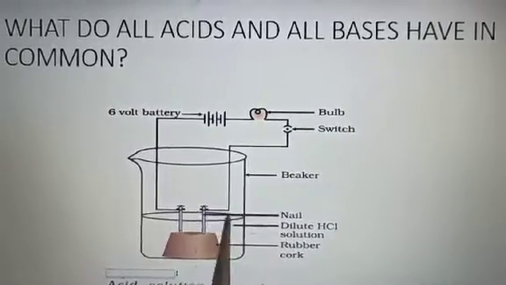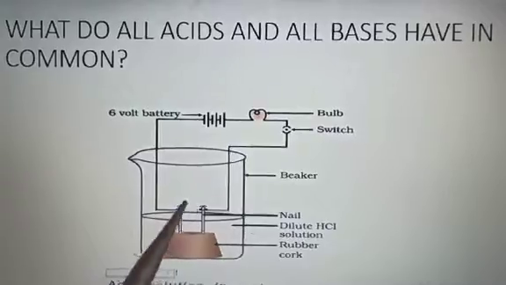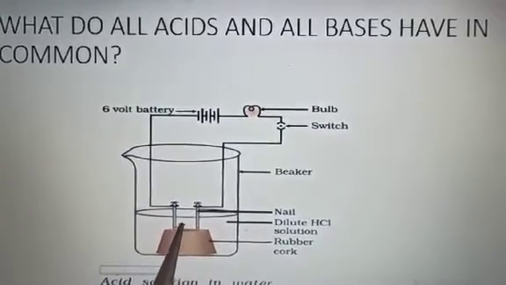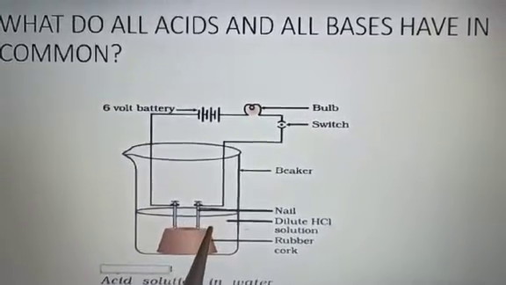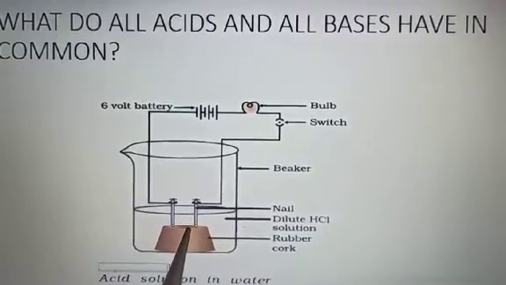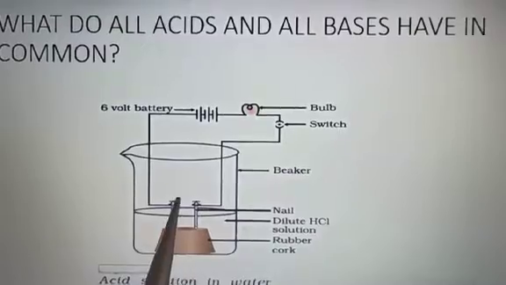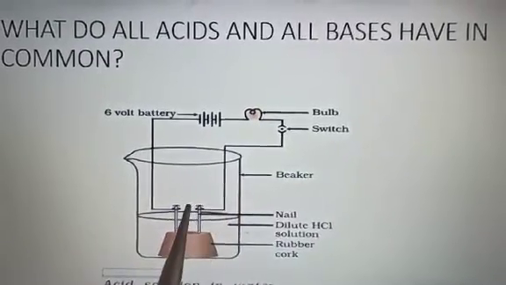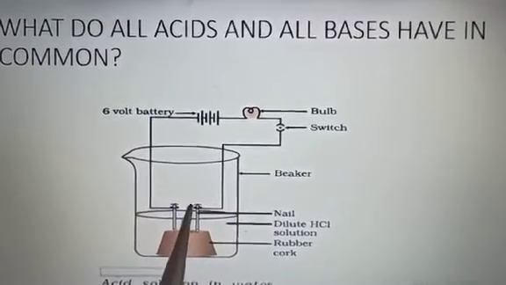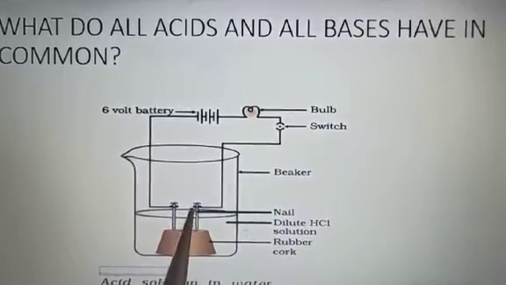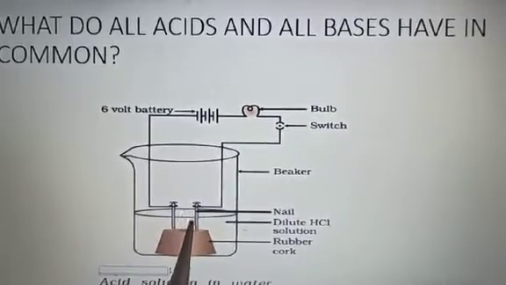You can see the apparatus once again. Suppose this is the water, and these nails are not attached with these two. If any solution is there which is not conducting electricity, then the circuit is broken here. This is all attached, but here it is a break. If it is a break, electricity cannot conduct, right?